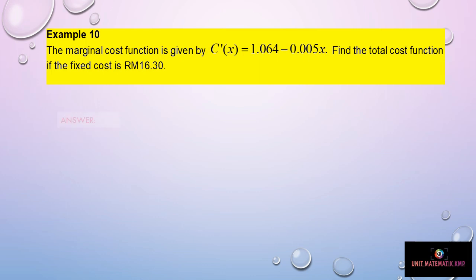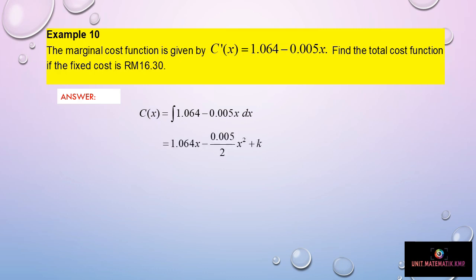So, first, we need to find the cost function by integrating the marginal cost. So, integrate 1.064 minus 0.005x dx. We will get 1.064x minus 0.005 over 2 x squared plus k.